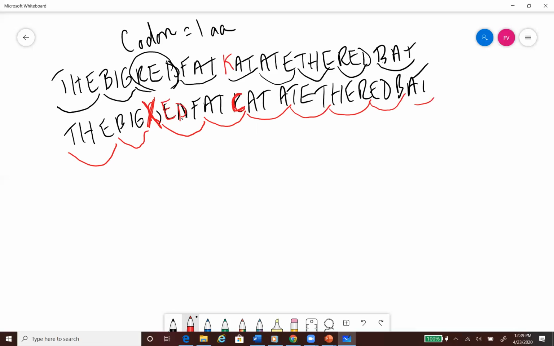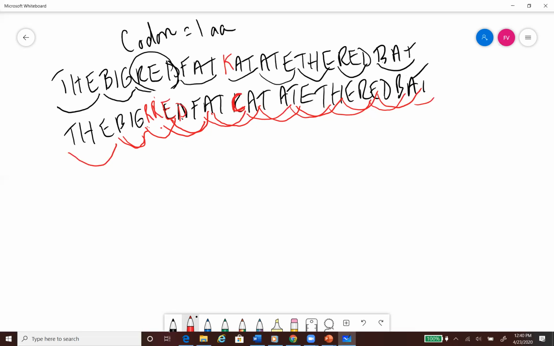What happened to the rest of this sentence? All messed up. And it's the same problem if instead of taking away a letter, what if I add a letter? Well, look, it's the same problem. The, big, r, dva, tisa, I don't know how to say that, tat, eth, dva, same problem.